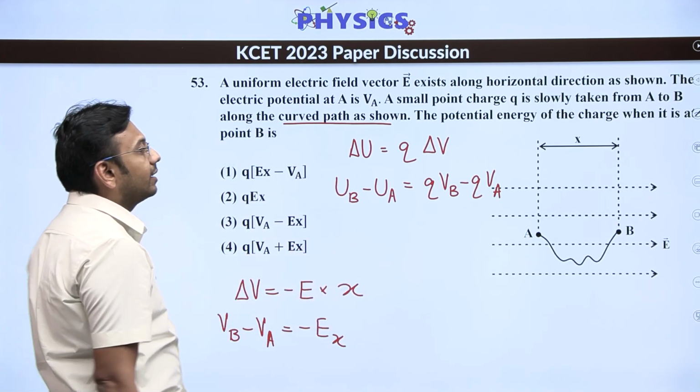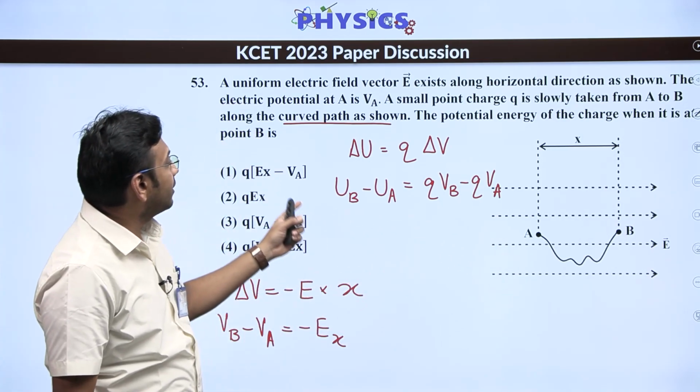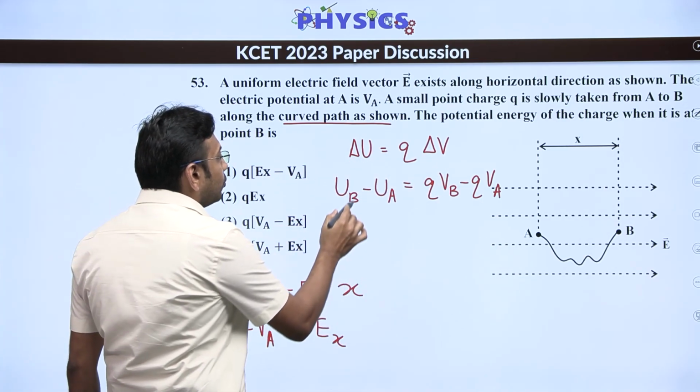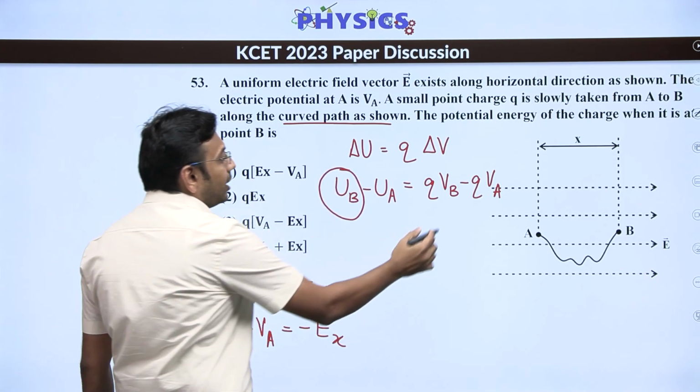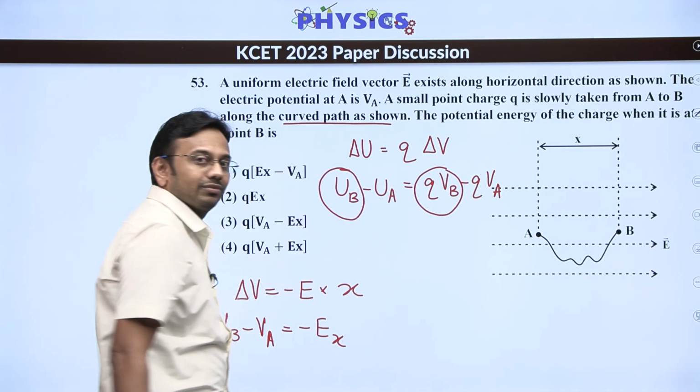For finding the energy at point B, what we need is only this value of UB. So, UB is simply equal to QVB, alright.